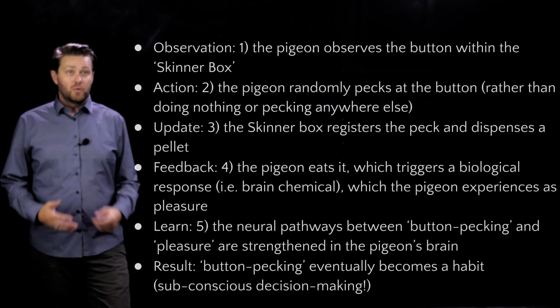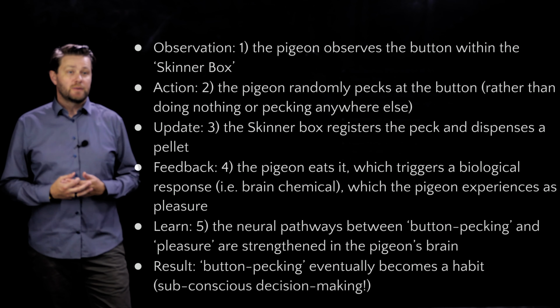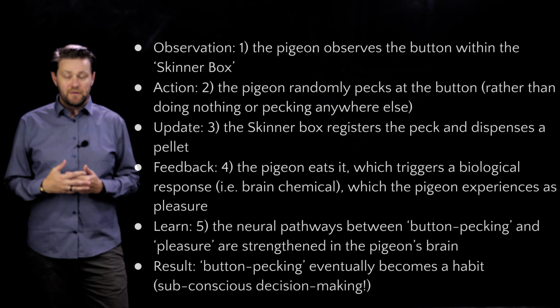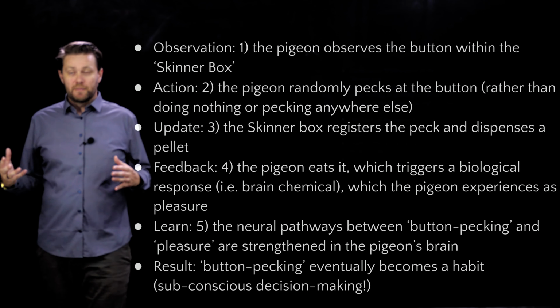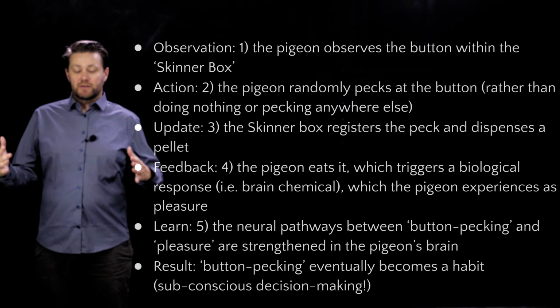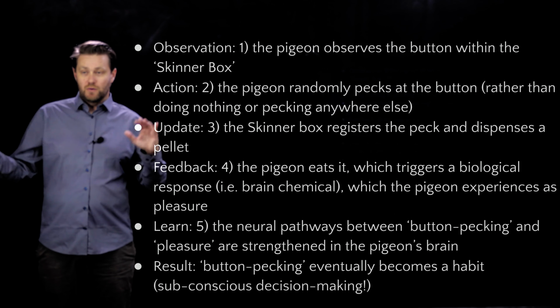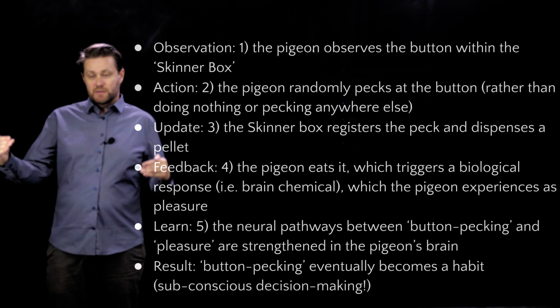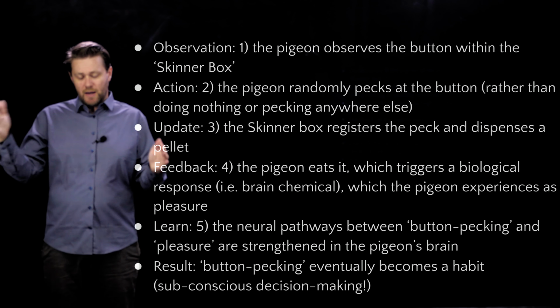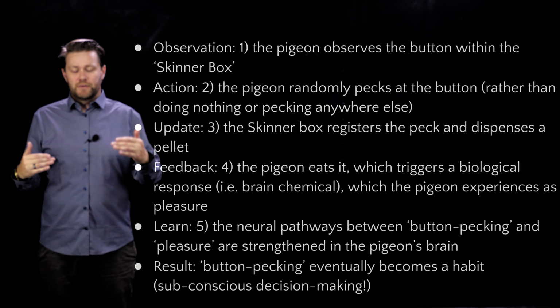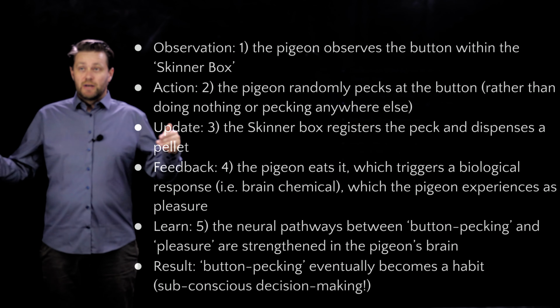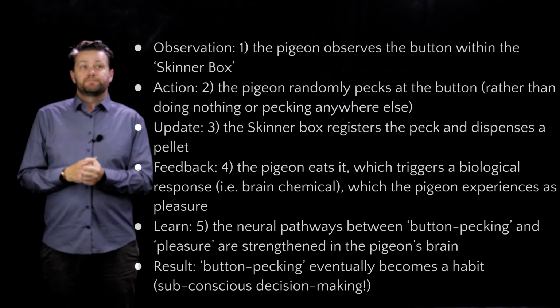Okay, so let's plug it into our 5-step process. The environment was called a Skinner box. So this is the world that the pigeon had. I don't know if it was enclosed at the top. I have a feeling it was, but anyways, it was the entire environment for the pigeon.